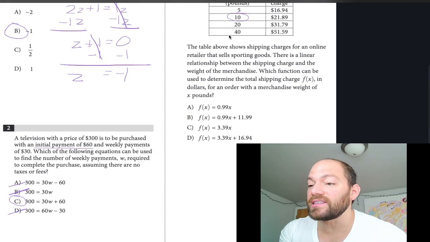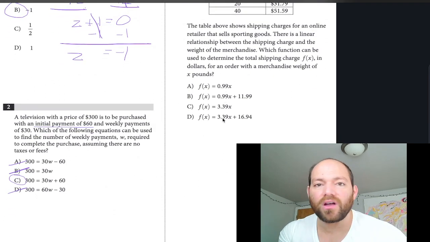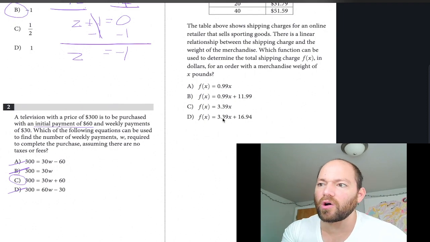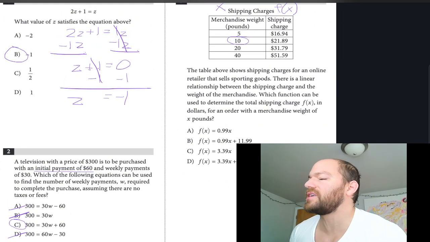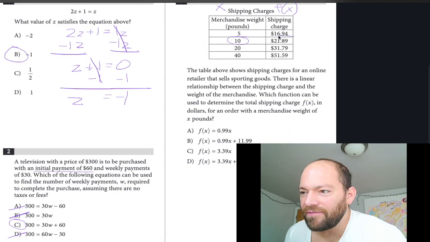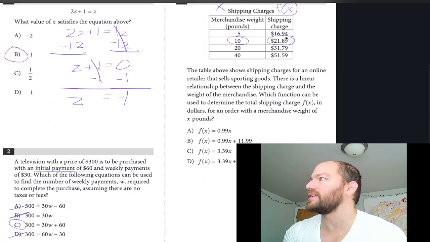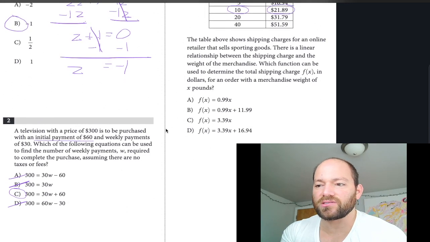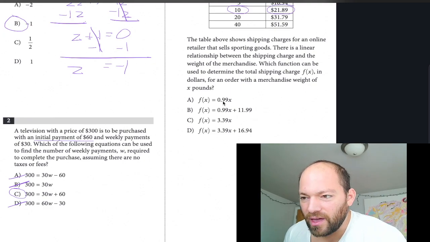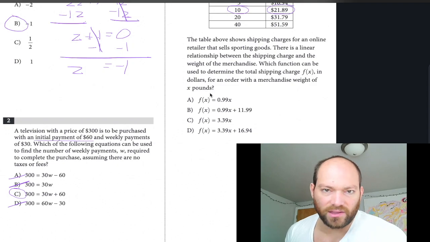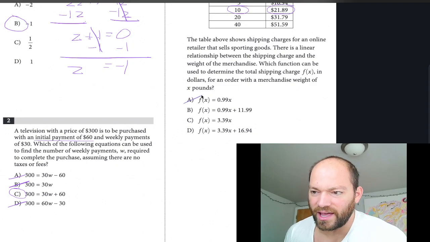Or if it's a decimal thing like down here, we're just going to move the decimal over to the right. So according to this table, when x is 10, f of x is 21.89. Let's go down into the answers. Choice A. If we move this decimal over to the right, A becomes 9.9. That's not 21.89, so I'm crossing that out.